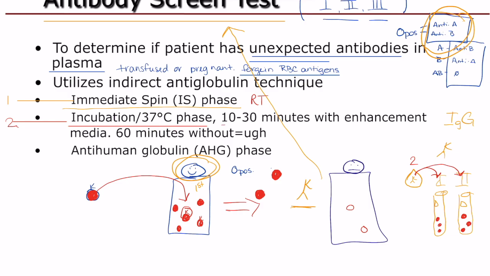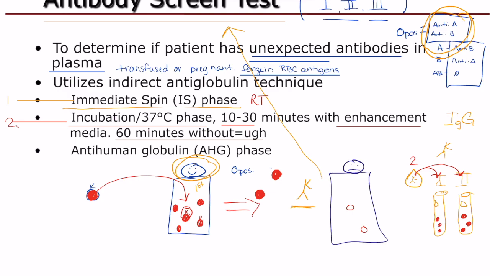We'll use 10 to 30 minutes if we're adding enhancement, and pretty much everyone uses enhancement media because we don't have time to wait 60 minutes if we're not using enhancement media. So we even use it in class. We're cutting our time down by at least half, sometimes by 1/6. And that's really significant, especially if you have a patient in the emergency room or surgery or something like that.